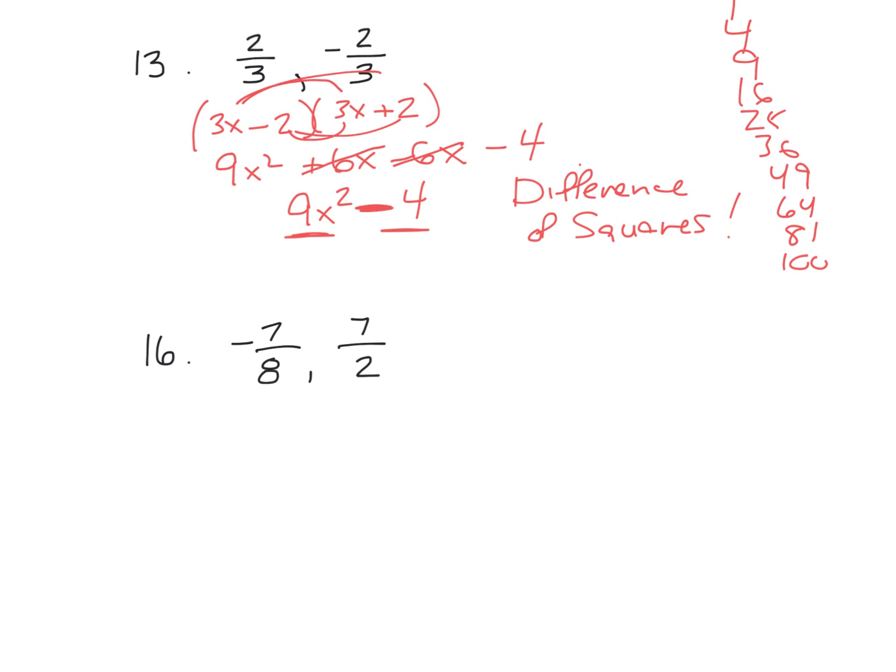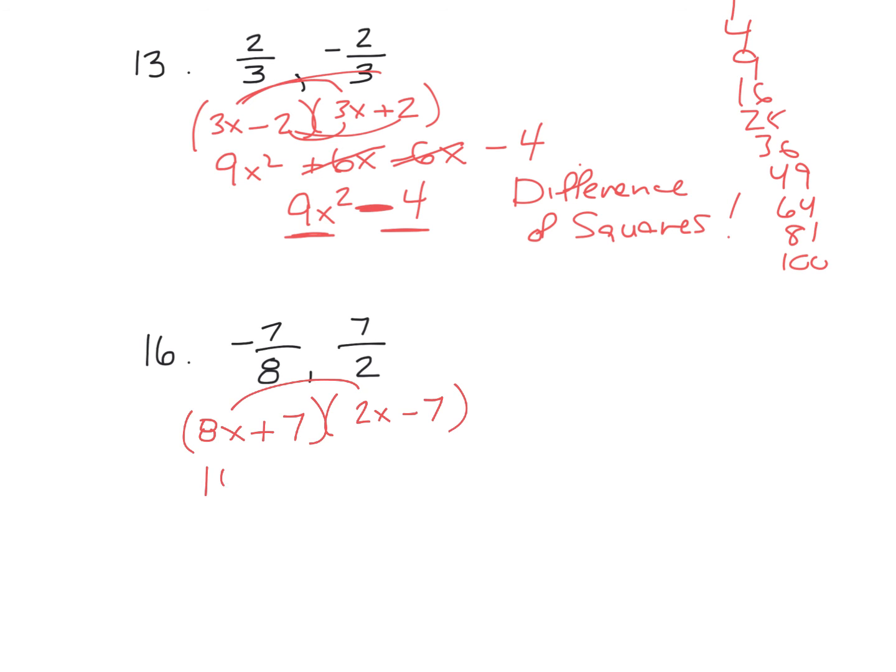Number 16 here, we have negative 7/8. So I'm going to have positive 7, 8x plus 7. And then I would have a minus 7 with 2x.